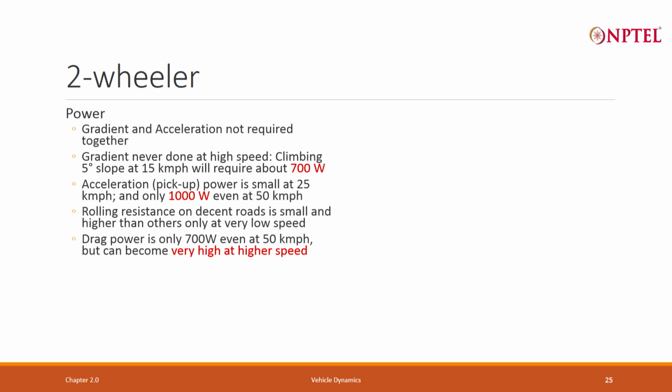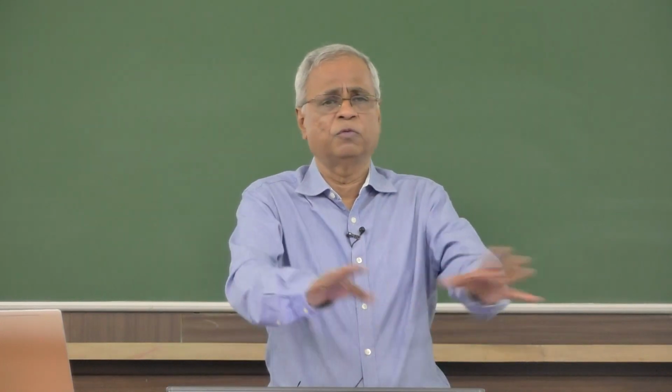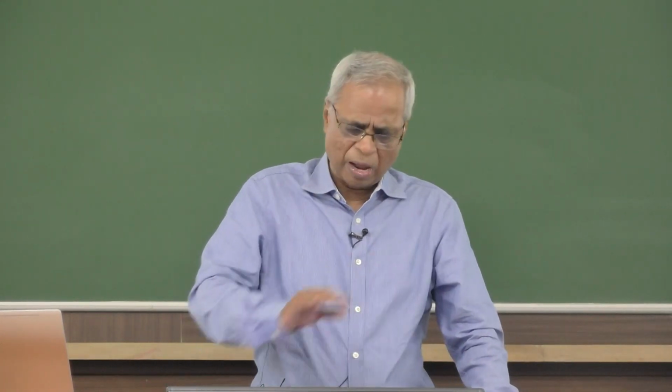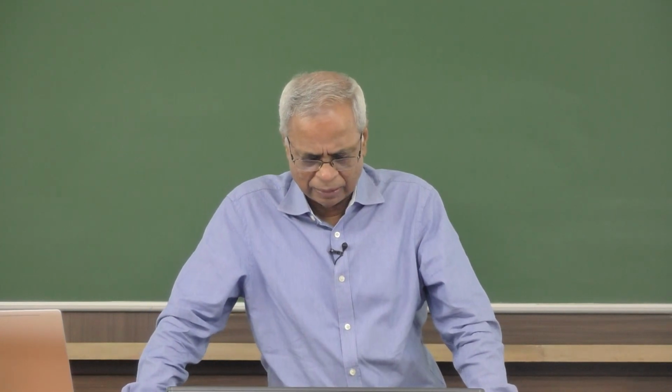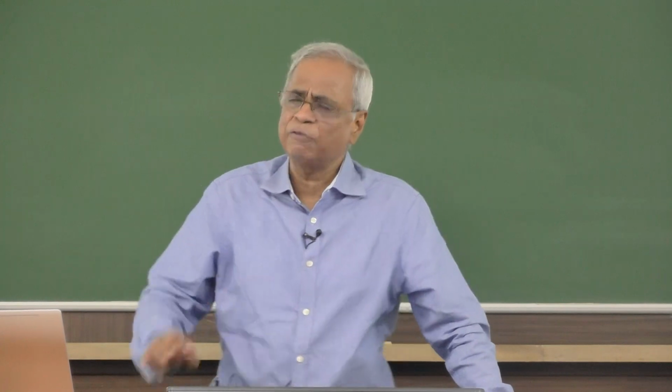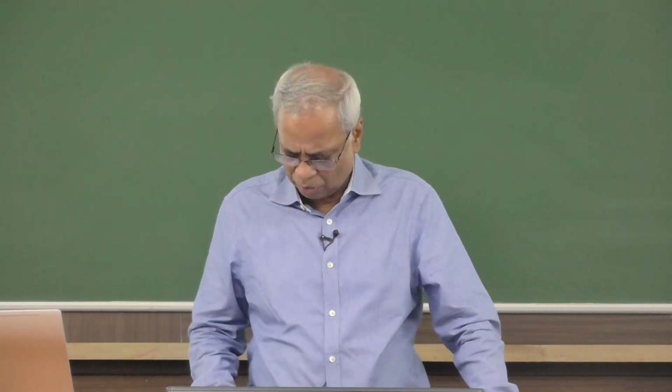But at higher speeds, drag can become the dominant. So, for two-wheeler, I have to worry about the gradient power always, but gradient power will not go along with acceleration. So, I only have to worry about gradient power. And for acceleration, I have to worry about acceleration power, and I have to add the rolling resistance and drag also.